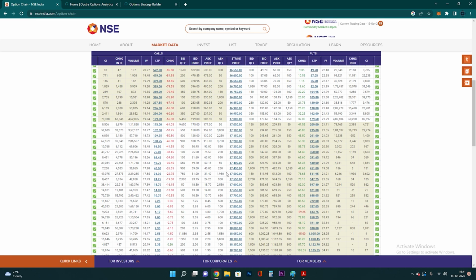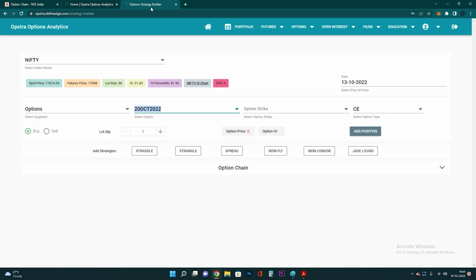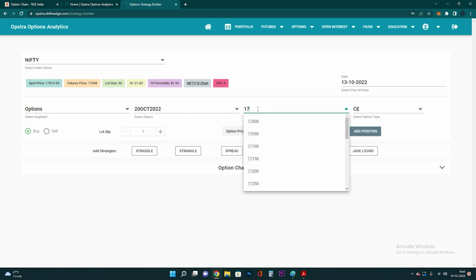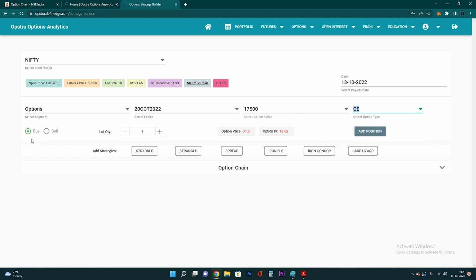So I am choosing 17,500. I'm saying the market will not go above 17,500. So I'm selecting the 17,500 strike call option and selling, not buying, for 31 rupees.